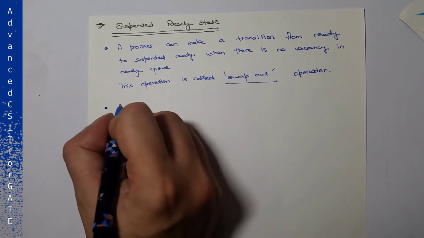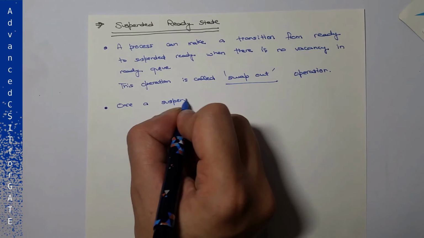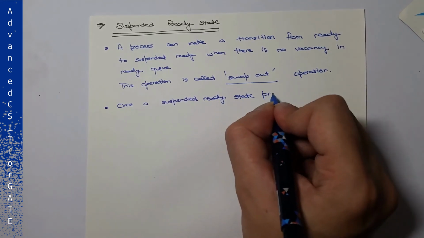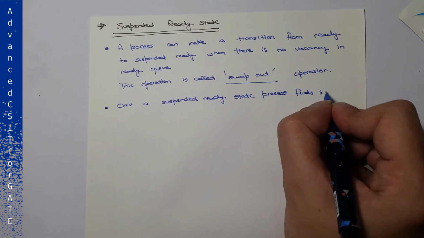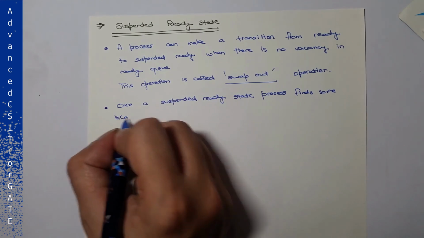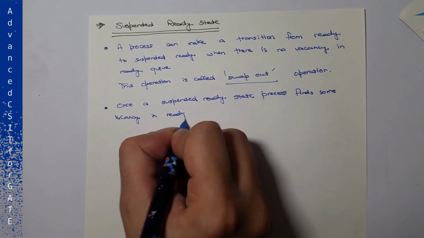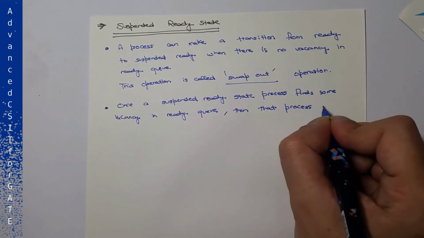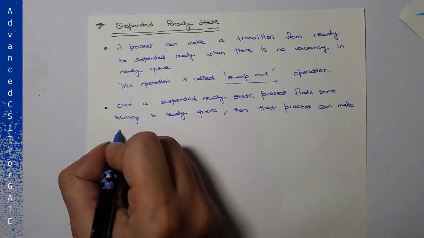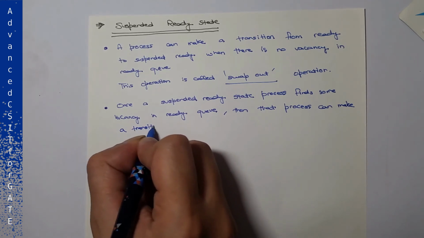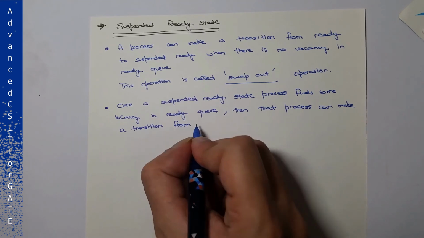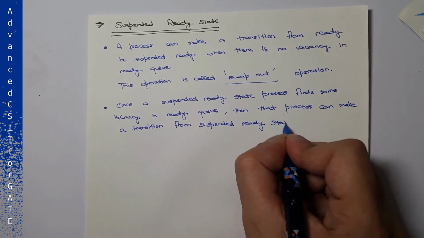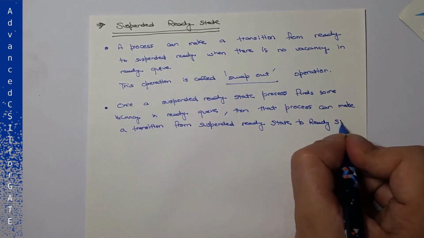The other point can be, once a suspended ready state process finds some vacancy in ready queue, then that process can make a transition from suspended ready state to ready state.